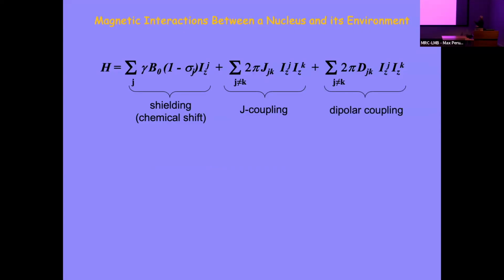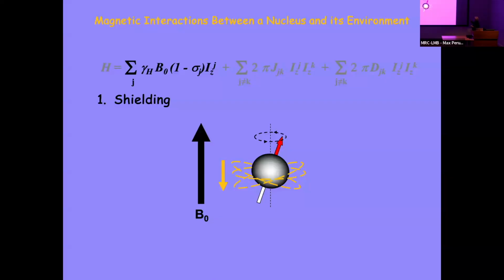We'll just briefly look at how these different terms contribute to the spectrum, and then how we can use those to interpret what's going on inside molecules in solution. So the basic premise is when we have a cloud of electrons immediately around any nucleus, it generates a local magnetic field.